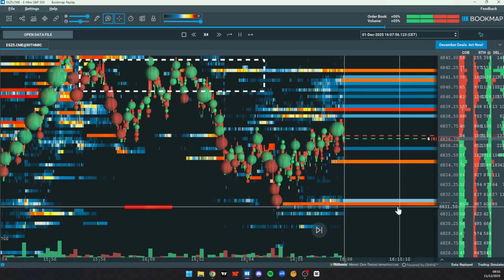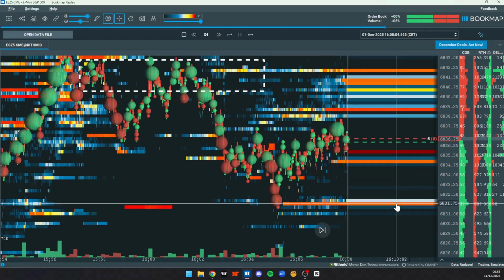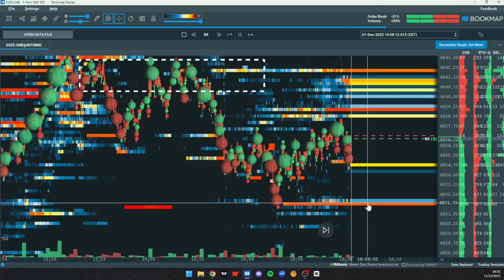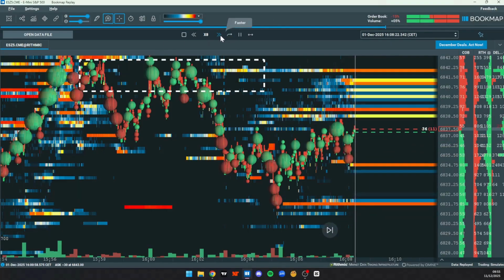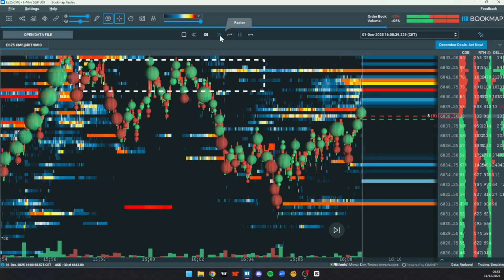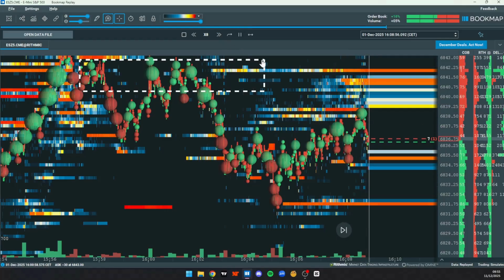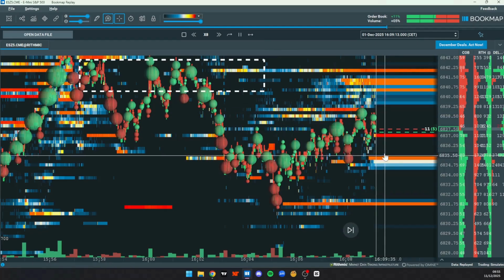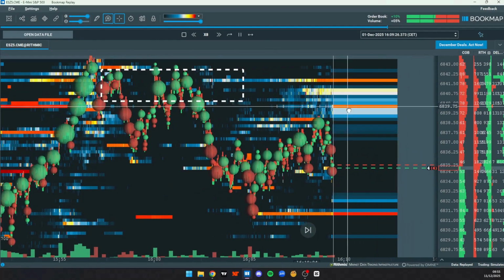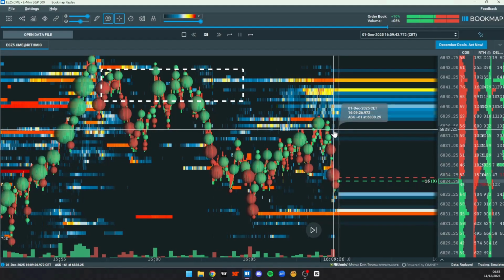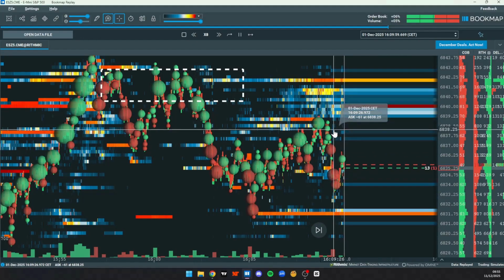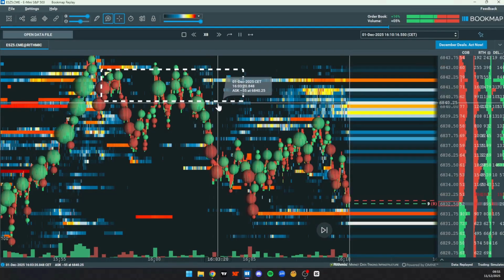So you can see this bid right here at the 32s, 31s is still there. So this is where I would take partials. Speed it up a little bit. Price retracing a little bit, consolidating as well. Sometimes you just have to be patient. You can just trust your analysis, trust your entry, trust your trade. But as long as your stop loss is at break even, you should be fine.